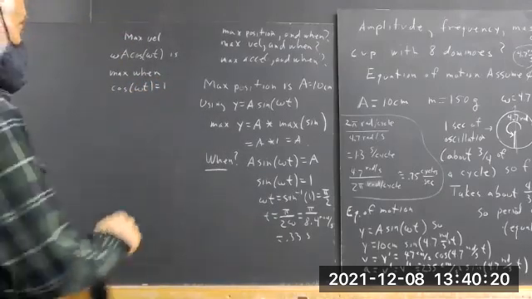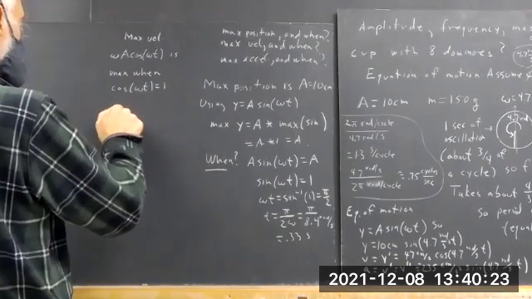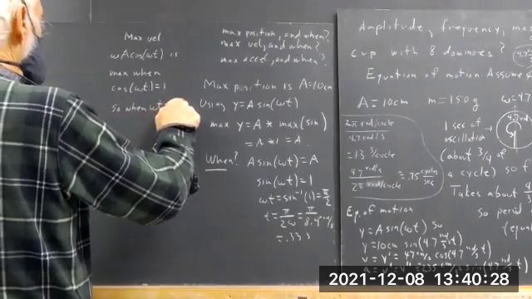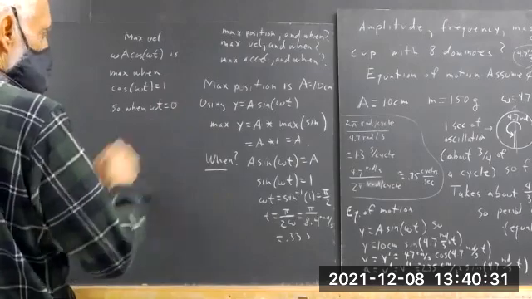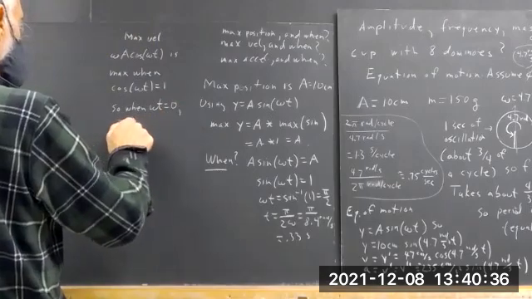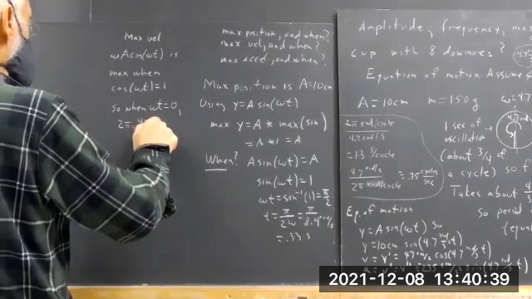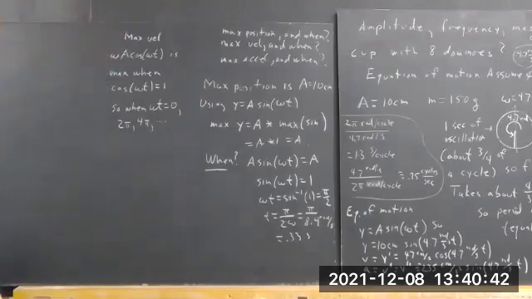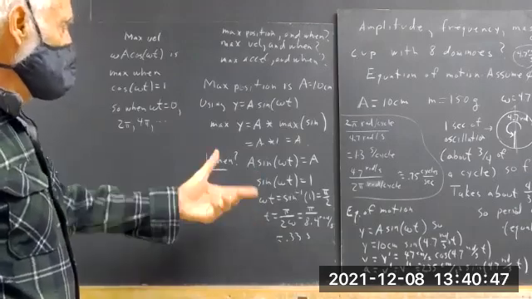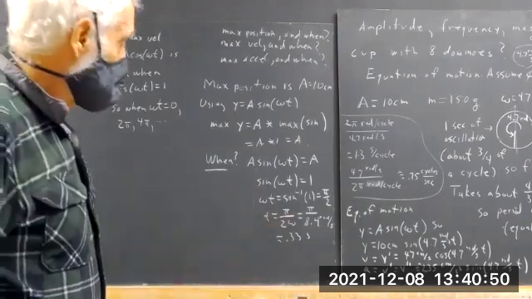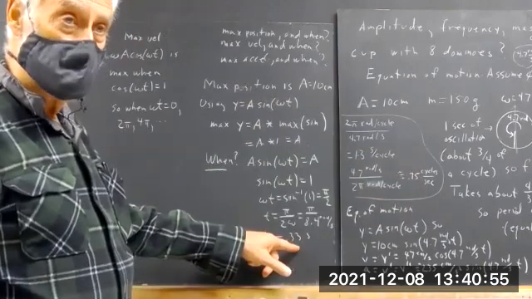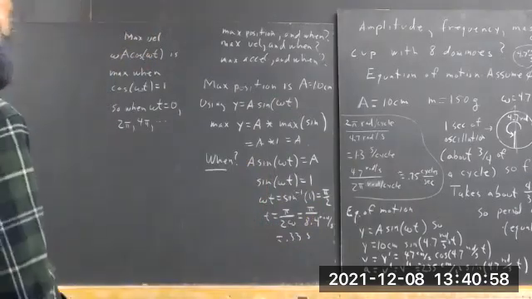That occurs when omega t is 0 or 2 pi, 4 pi, etc. Now, this is a general answer. This is an answer only in the first cycle. But of course, it repeats then every roughly 4/3 of a second after this. So you can also say that.